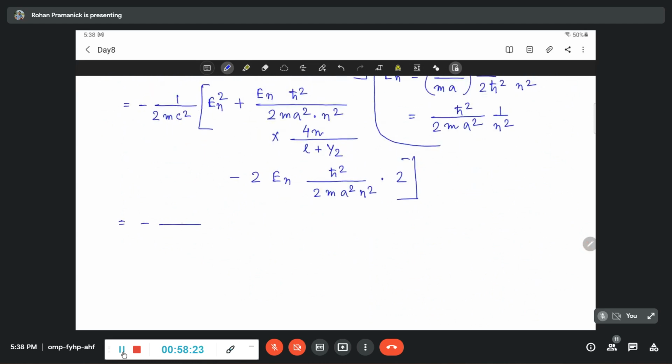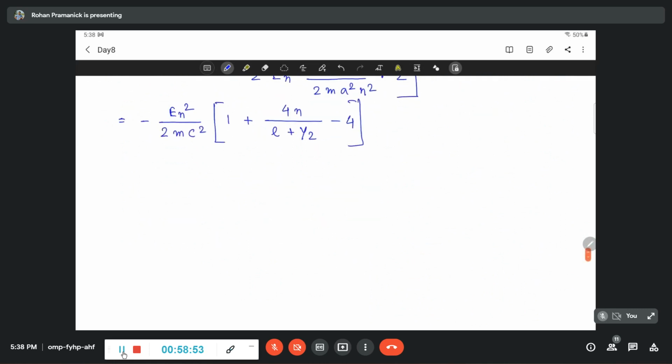Minus 1 by, so now you see this is e, and this here also is e, so I take en squared common. I did all of this just to take en squared common, and this gives you 1 plus, this I have taken common, this is 4n by L plus half, and there is minus, I have taken common, so there is 4, right? Yes.